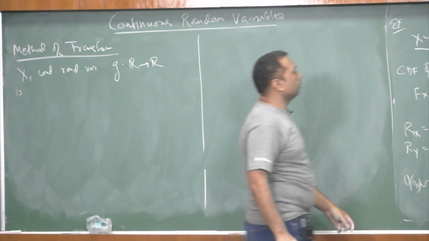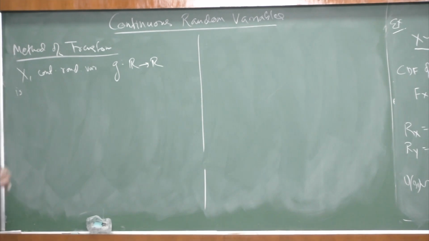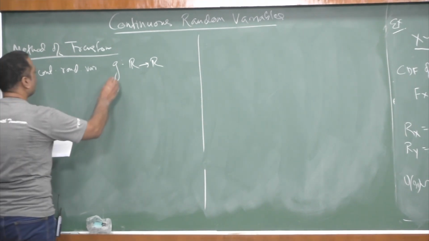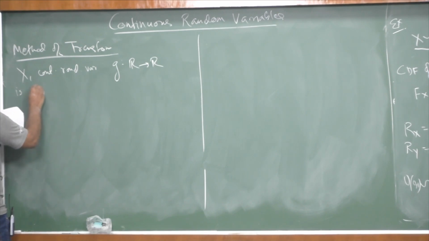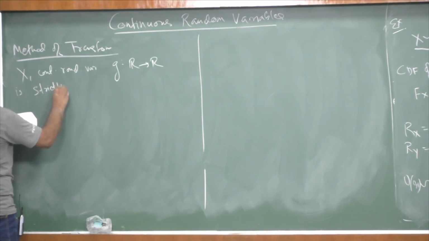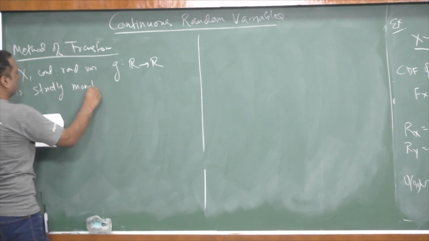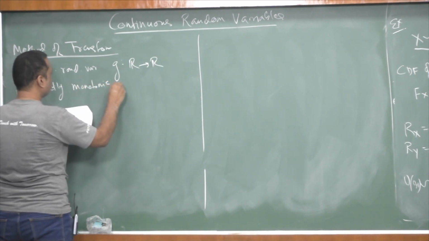It can be increasing or decreasing and so on. We have to do some piecewise thing. But for the moment let us assume that these transformations we are using are strictly monotonic differentiable functions.